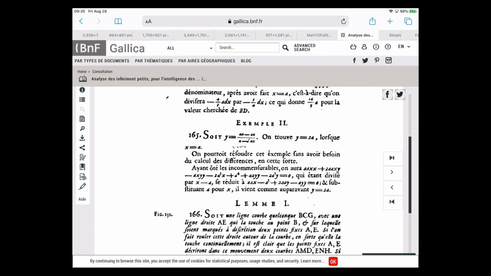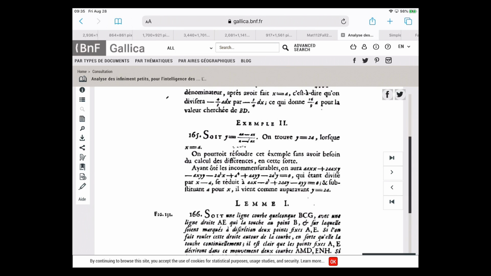On trouve y égale 2a lorsque x égale a." So what he's saying is that the limit of that thing as x approaches a comes out to be the value 2a. And we'll go through the derivation of that in a minute.